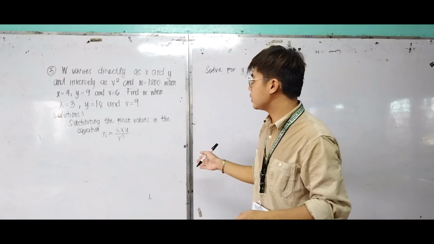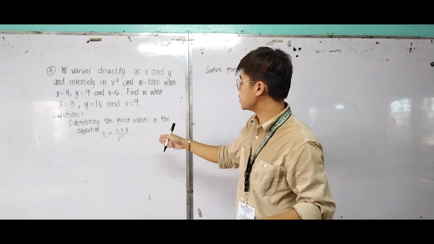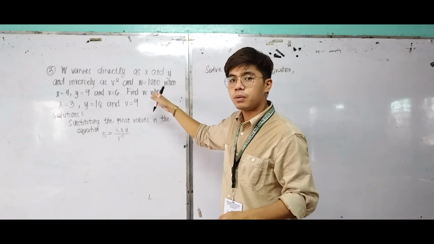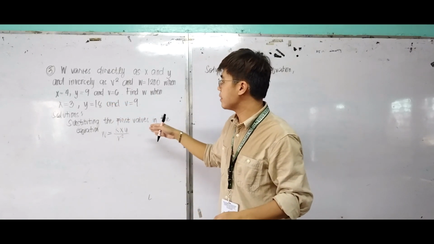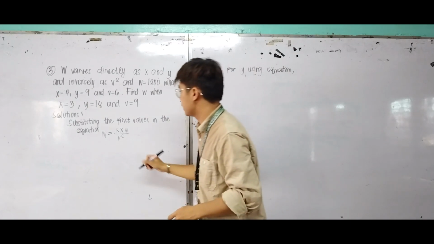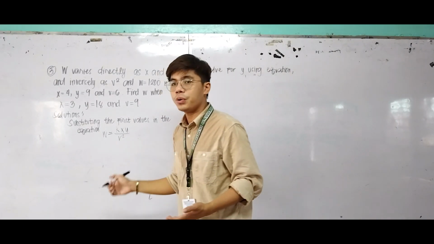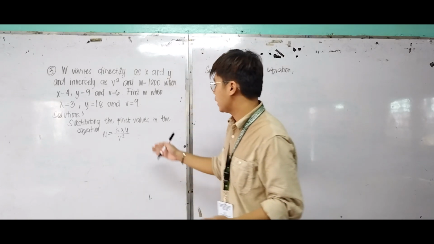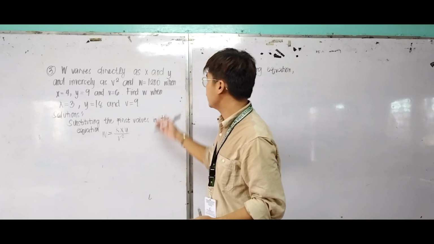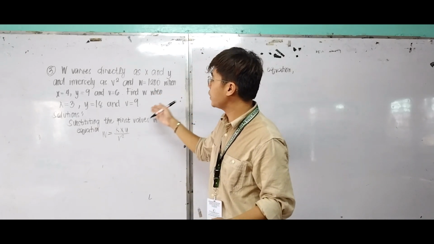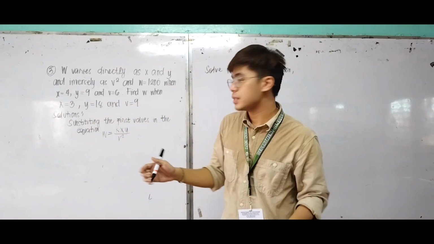Now next, we need to substitute the first values in the given equation. So w equals 1200, x equals 4, y equals 9, and b equals 6.